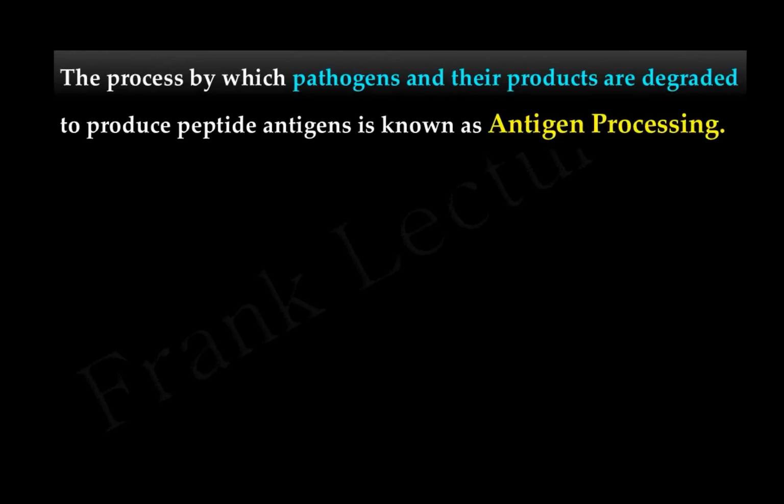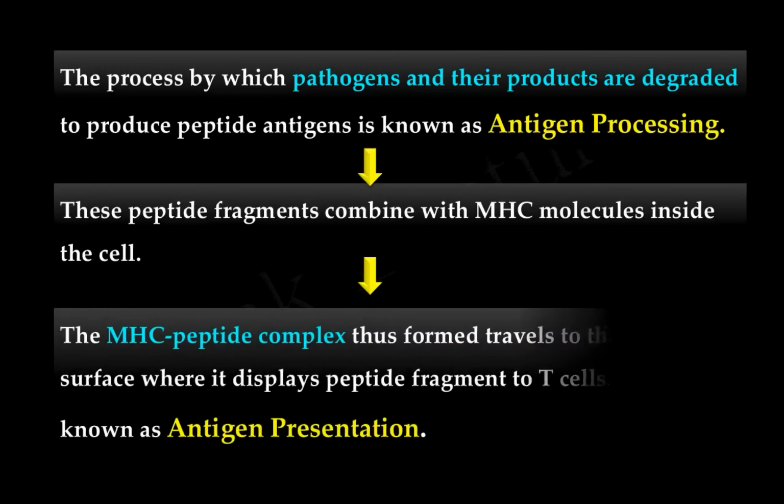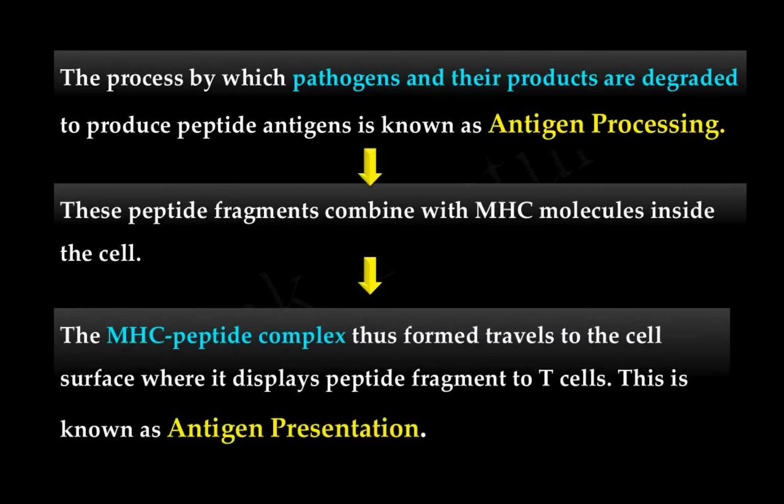Now we can understand what antigen processing and presentation means. The process by which pathogens and their products are degraded to produce peptide antigens is known as antigen processing. These peptide fragments combine with MHC molecules inside the cell. The MHC peptide complex thus formed travels to the cell surface where it displays the peptide fragment to T cells.